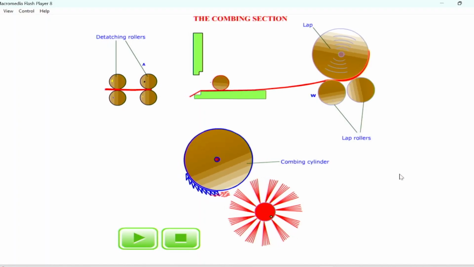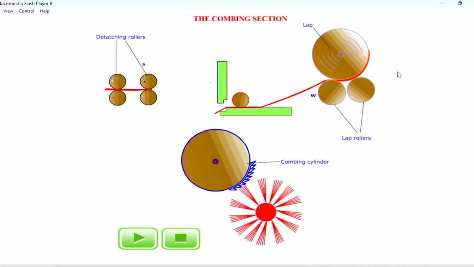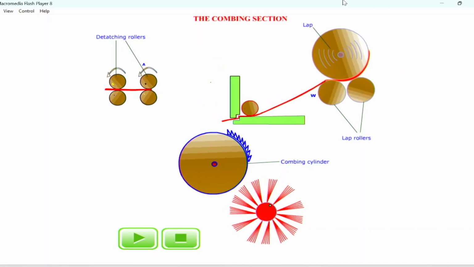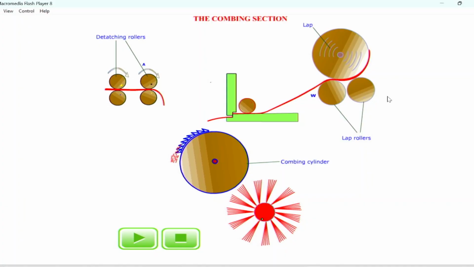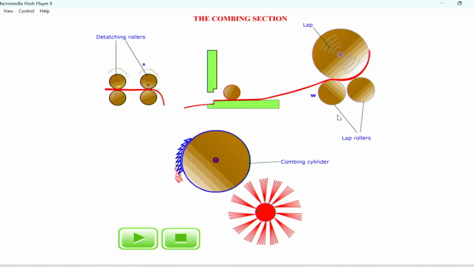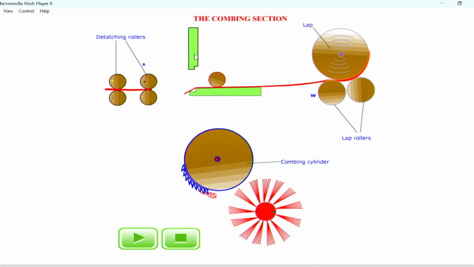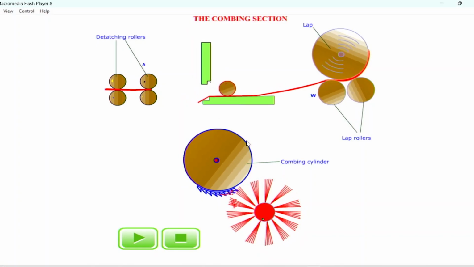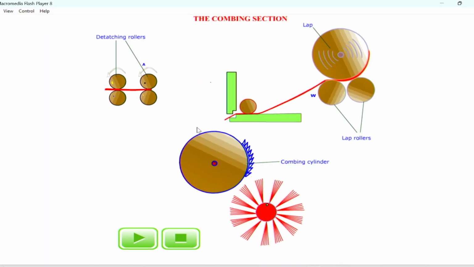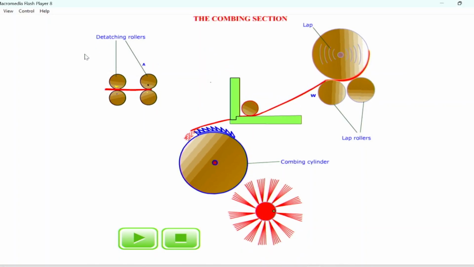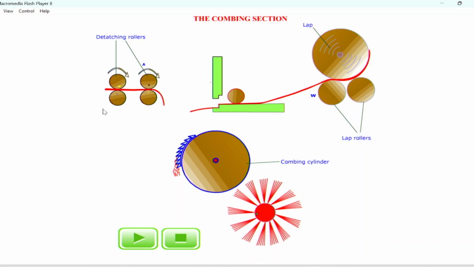Now, we can see here that we have the lap and the lap roller, and then this green color, these are the nippers, top nipper and bottom nipper, and here you have the cylinder comb, and on this side these are the pair of detaching rollers.